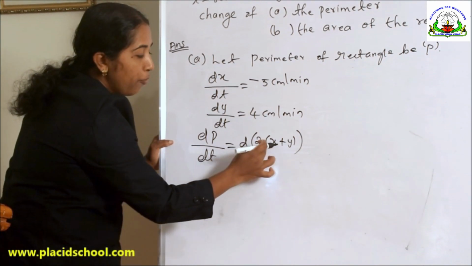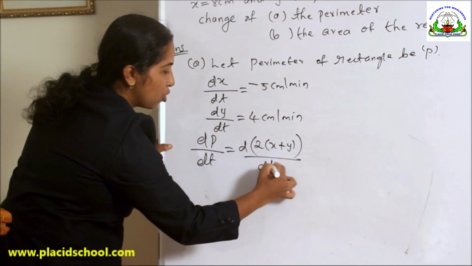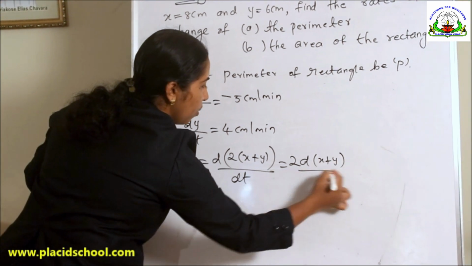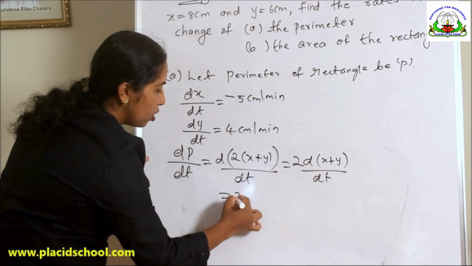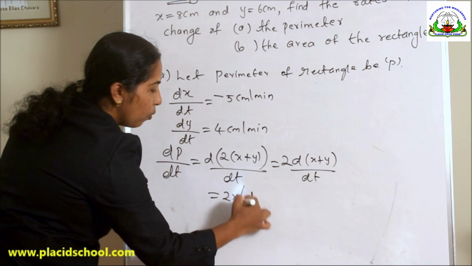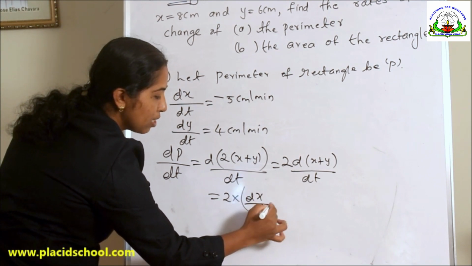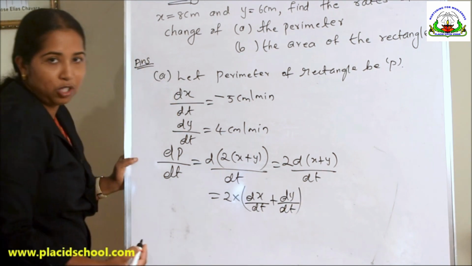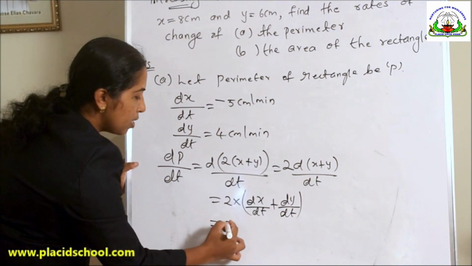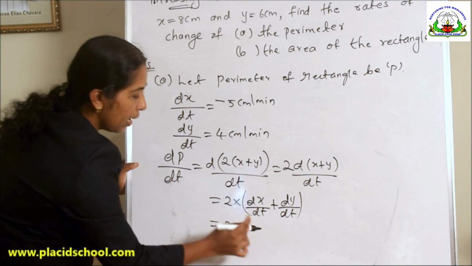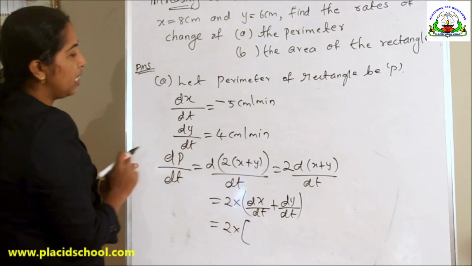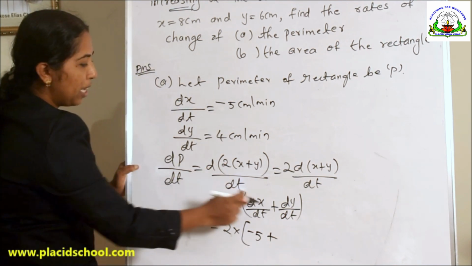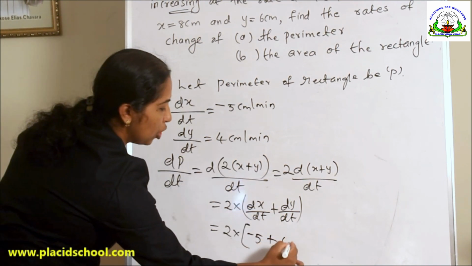So the derivative of 2 times x plus y with respect to t is 2 times the derivative of x plus y with respect to t. 2 into the derivative of x with respect to time t plus the derivative of y with respect to time t. This is 2 times, in the place of dx by dt, you have to substitute minus 5, plus in the place of dy by dt, you have to substitute 4.